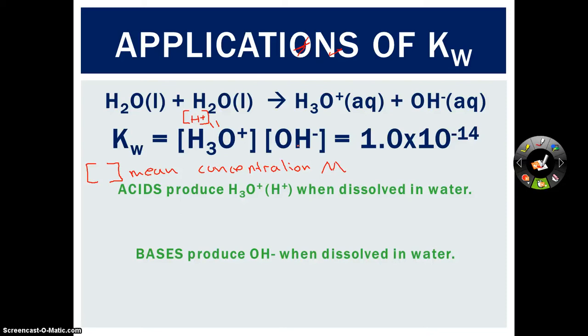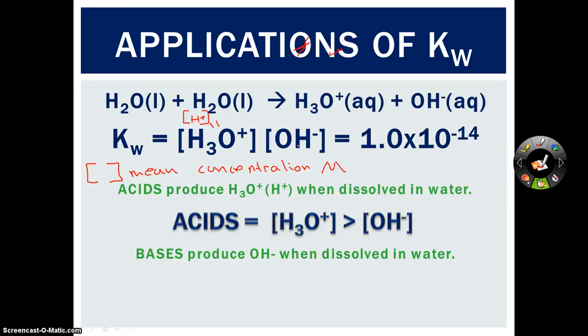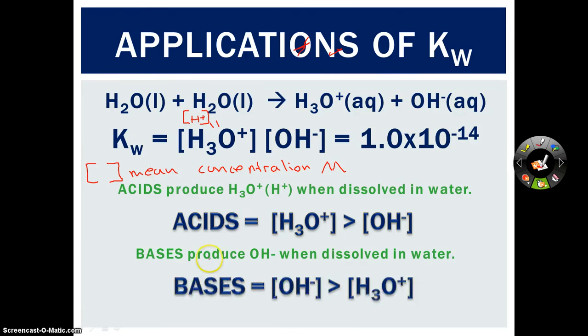We can also look at the two concentrations and compare them to decide if it's an acid or a base. So we know that acids produce hydronium or hydrogen ion when they're dissolved in water, which means they'll shift the balance and there'll be more hydrogen ions or hydronium ions than hydroxide ions. And for a base, it'll be the opposite.